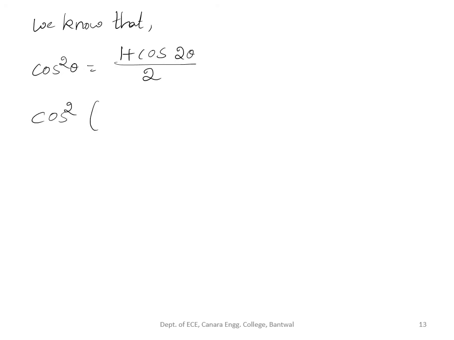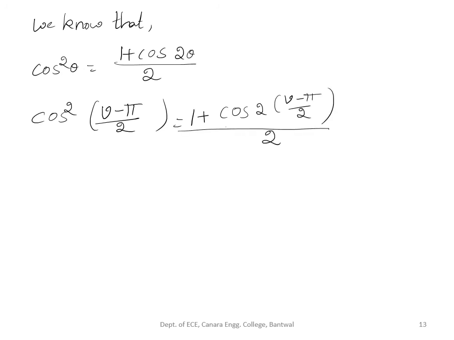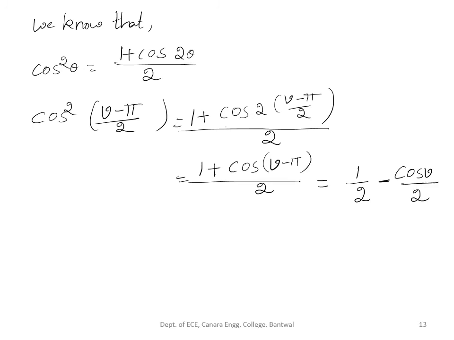Cos square of (v minus pi) by 2 is equal to 1 plus cos 2 into (v minus pi) by 2, divided by 2, which is equal to 1 plus cos (v minus pi) divided by 2, which is equal to half of 1 minus cos v.